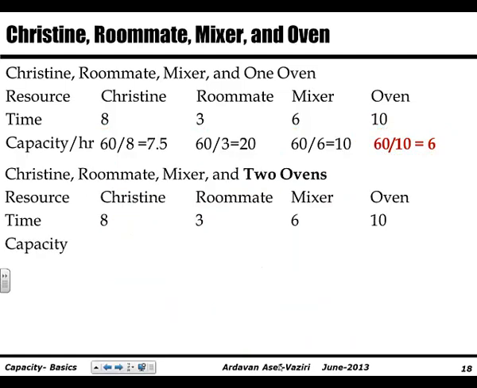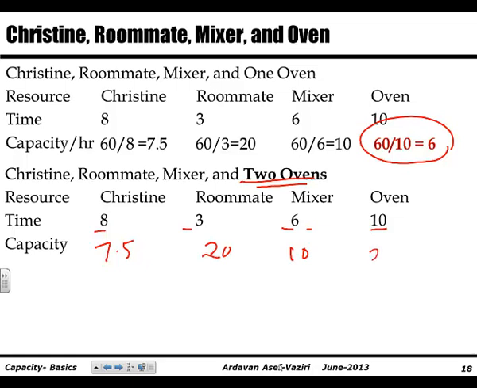Now suppose, because the bottleneck is the oven, we have 2 ovens. Again, these are times at each operation. 7.5 remains the same, 20 remains the same, 10 remains the same, but here we have 2 ovens.